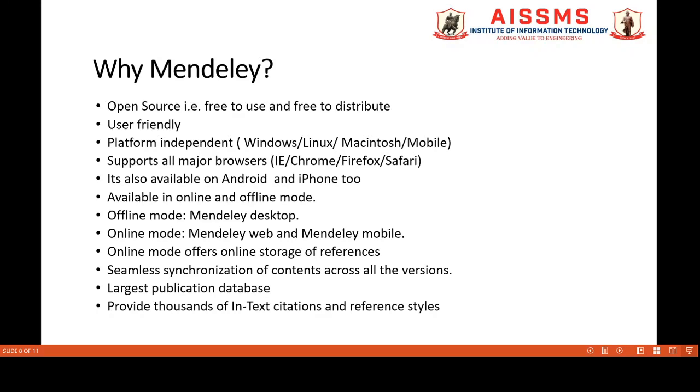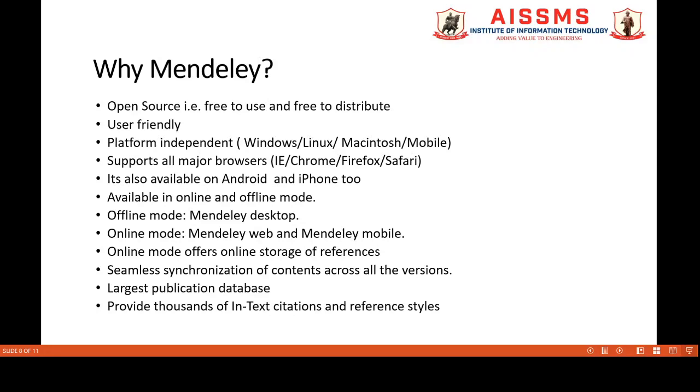It is available in two modes. First one is offline mode and second one is online mode. Offline mode consists of Mendeley desktop version, whereas online mode consists of Mendeley web and Mendeley mobile versions.